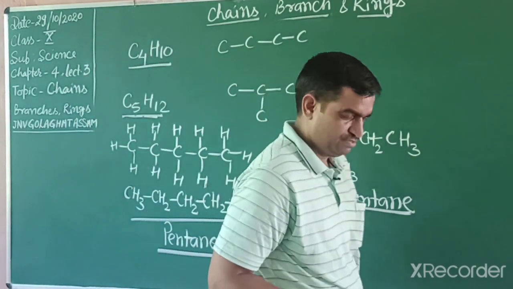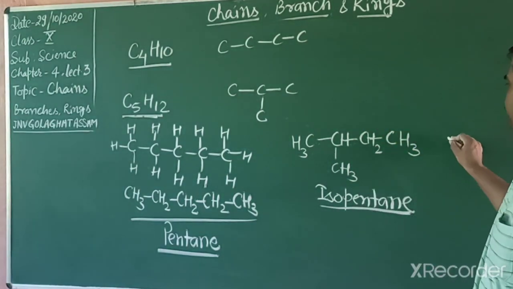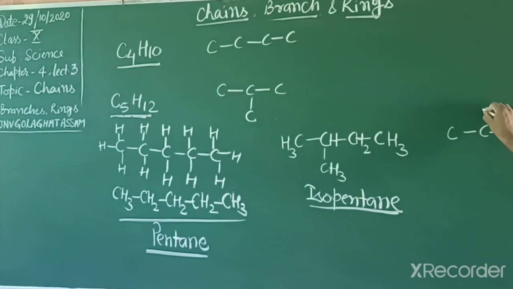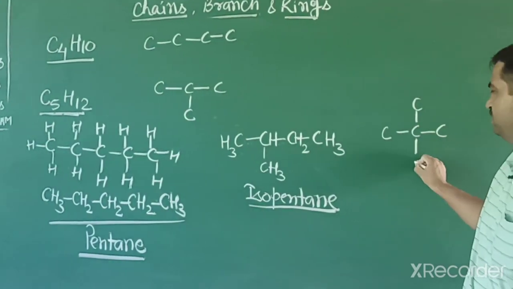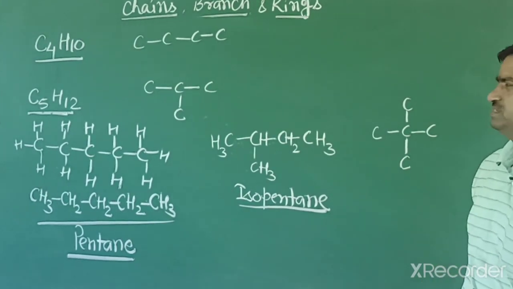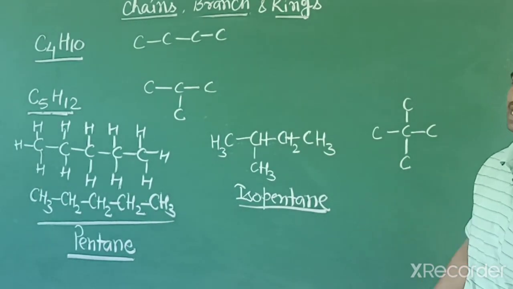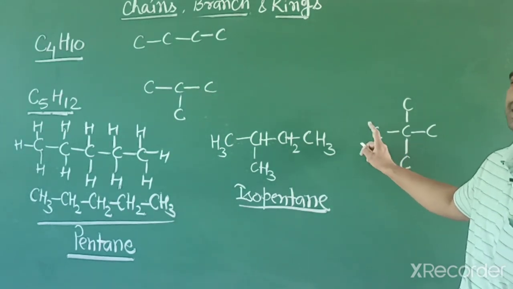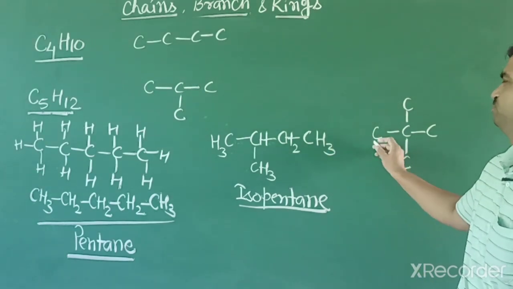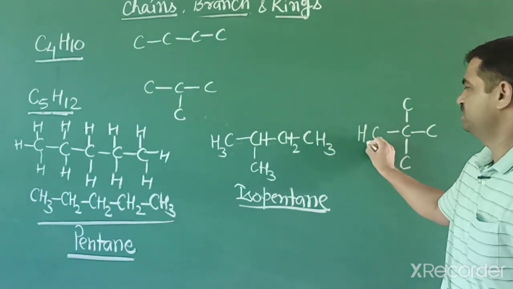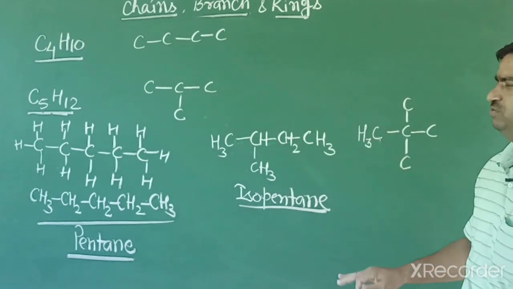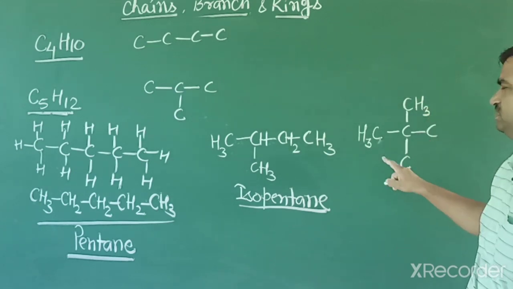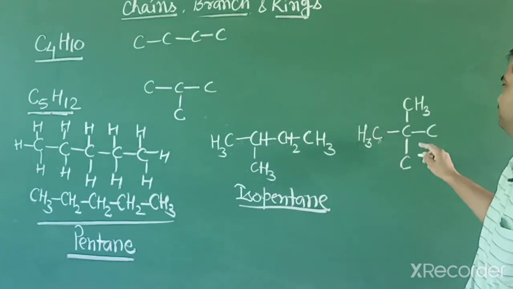Another compound, what can we write? If you write 3 carbon as straight, and one upper side, other one lower side, then students, you write the number of hydrogen. This carbon has only one valency. You can write CH3 either this side or this side, no problem. Any side we can write CH3 C or C CH3, same meaning. This CH3 indicates this carbon has 3 hydrogen.